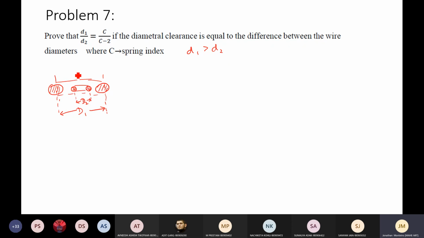Now what they are asking to prove is, if this is d1 and this is d2, let me mark it over here. I cannot mark it on the sideways. So this is d2 which we are talking about. So d1 is the wire diameter of the bigger coil and d2 is of the smaller coil. So this is with respect to the concentric springs.